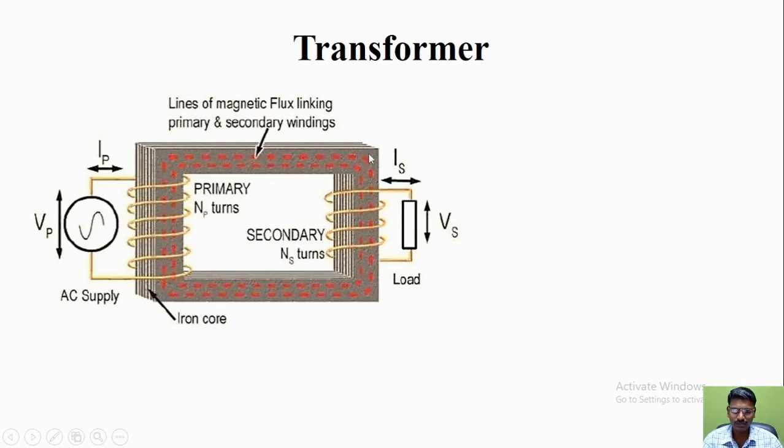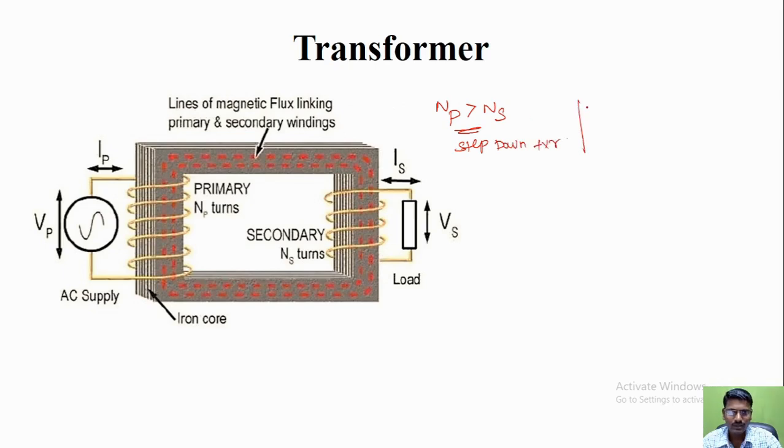So the given transformer which we are seeing here is a step down transformer because the number of primary turns is greater than the number of secondary turns. So this is a step down transformer, right?